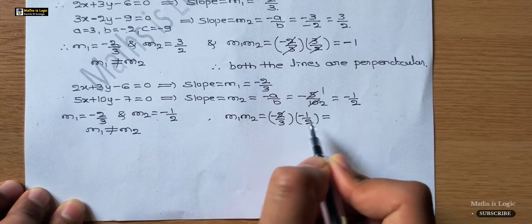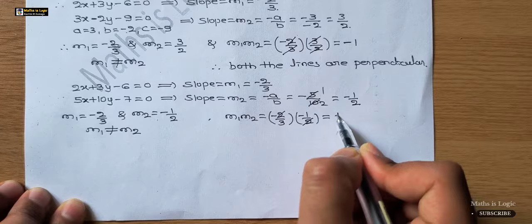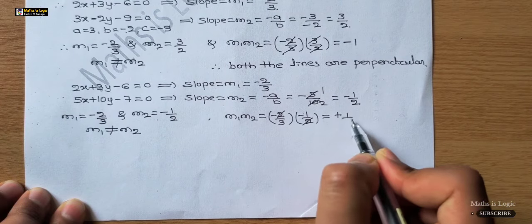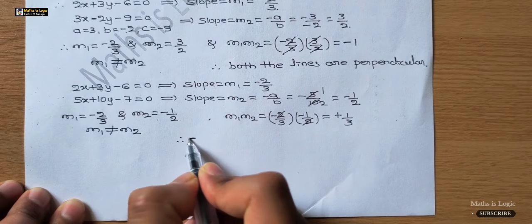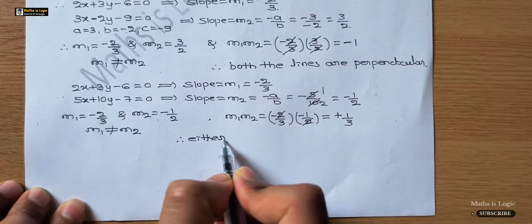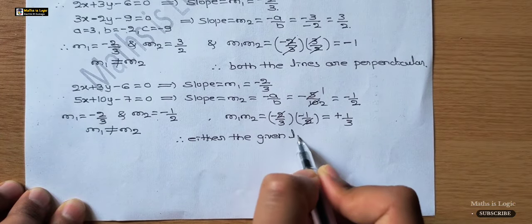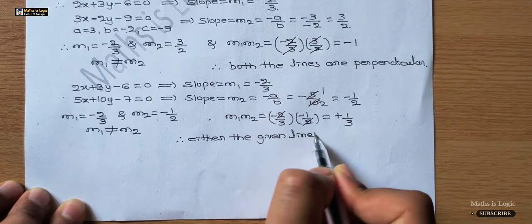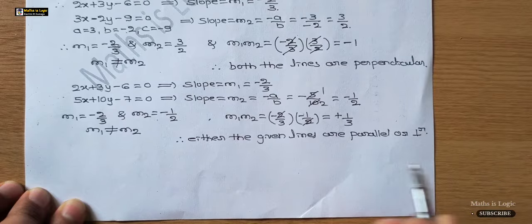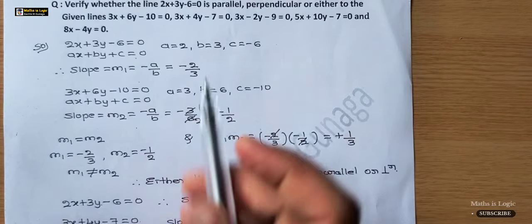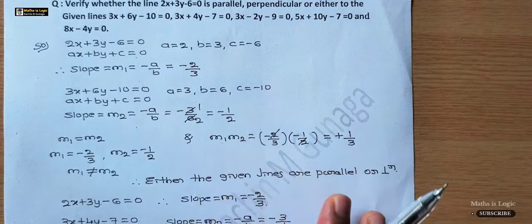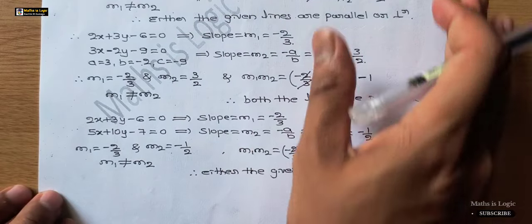Cancel these two, minus into minus is plus, remaining is 1 by 3. That means either the given lines are parallel or perpendicular.